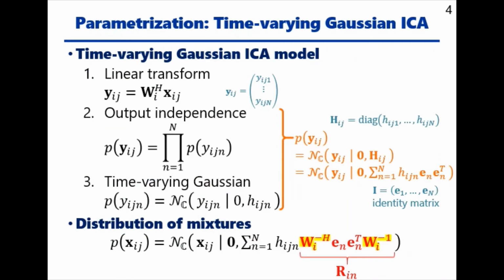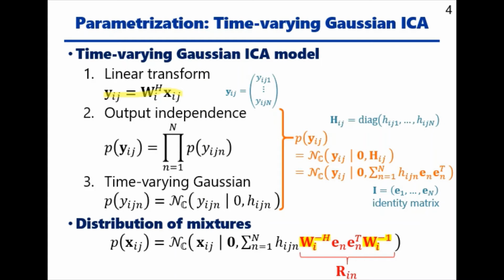Now we derive the parameterization of the model parameters in time-varying Gaussian ICA in the previous slide. Please recall that in time-varying Gaussian ICA, we make the following assumptions. The first one is linear transform. The separated signal Y equals the mixtures X transformed by the separation matrix.